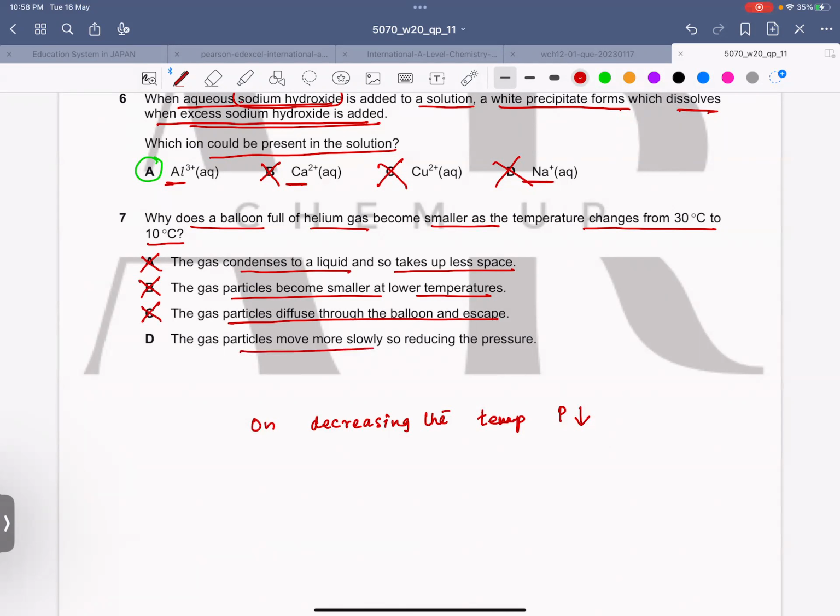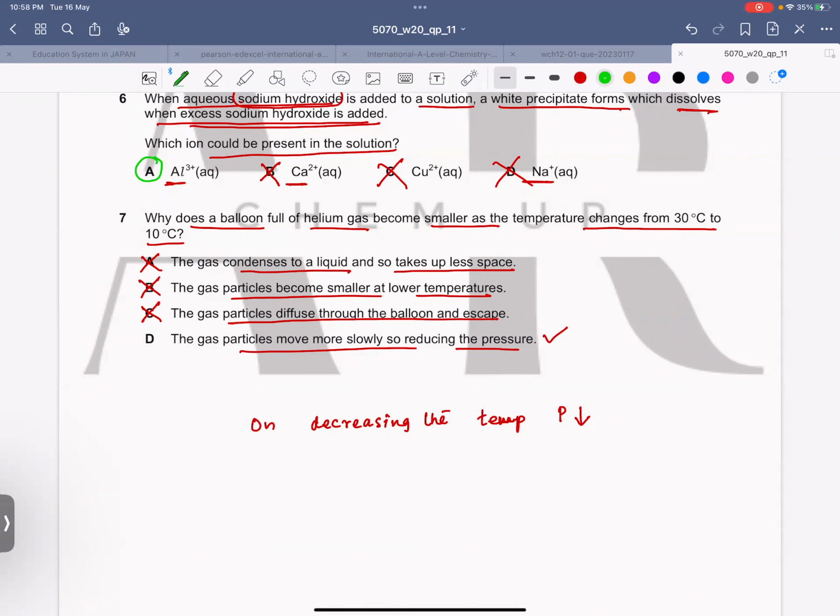The gas particles move more slowly, so reducing the pressure. Yes, this is possible because when they move slowly, the frequency of their collisions with the walls of the balloon decreases. The particles come closer to each other and exert a lesser pressure, which leads to a decrease in the size of the balloon.